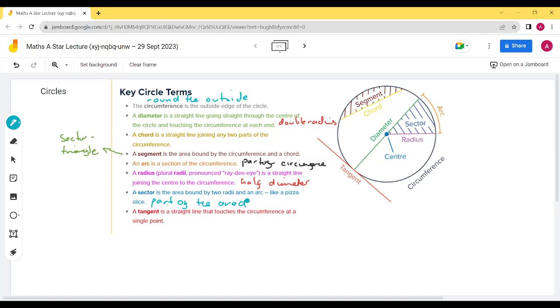Finally, we've got a tangent, which is a straight line that touches the outside. Again, you wouldn't have to calculate it in a foundation exam, but you may possibly have to recognize it. I'm going to move on in a sec, and we are going to look at the area of a circle and calculating it.